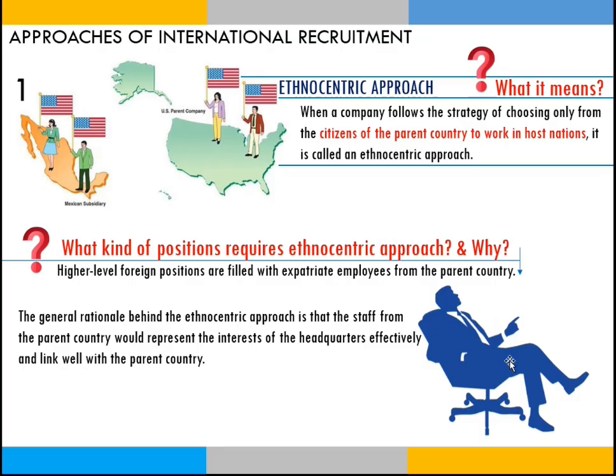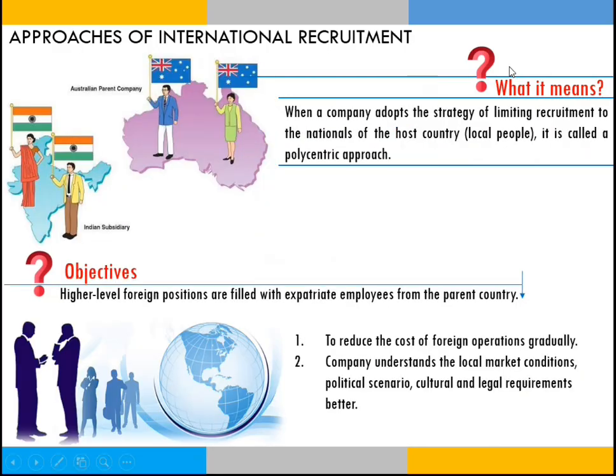So let's move on to some of the other approaches now. Let's see what are the other approaches we have when it comes to selection of expatriates or international employees. The next approach is something which is quite opposite to what we saw in the previous one. And from the image on the left side top of the slide, you can probably interpret what is happening in this situation.